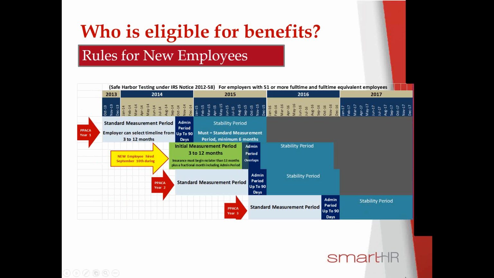But once they've been there for that year, they now fall into the rest of your current workforce and undergo the same tracking with the standard measurement periods and stability periods thereafter. So again, there could be a lot of different measurement periods going on. They tend to overlap each other because you have new hires all the time. So that can be pretty difficult to track outside of any sort of tool. This would be difficult to do on paper, if you will.